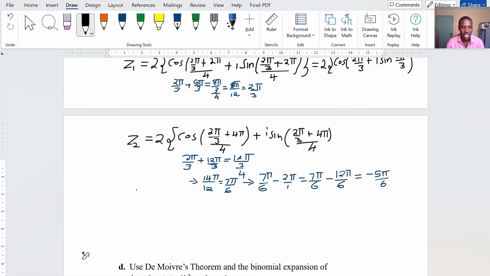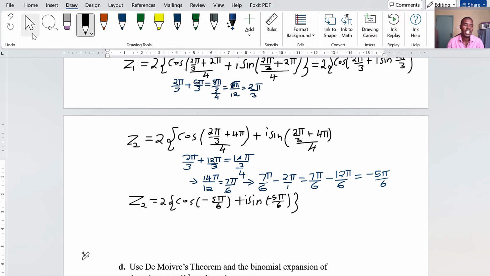So our other root, which is Z2, will be 2 into cos of negative 5 pi over 6 plus i sine of negative 5 pi over 6. So that is now valid.